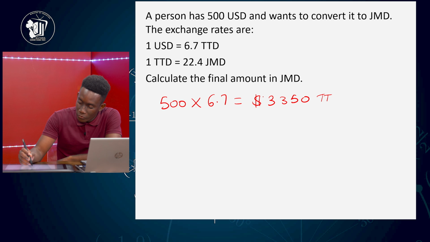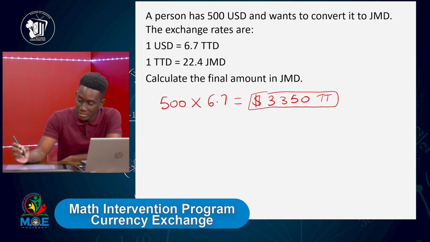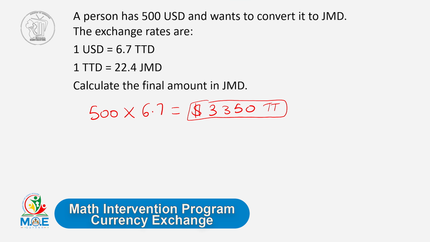Now we want to convert from TT to Jamaican dollars because that is what the person wants. So we see we have 3,350 TT, and to convert this to Jamaican dollars now would be 3,350 multiplied by the conversion rate, because we see TT is larger than Jamaican dollars.